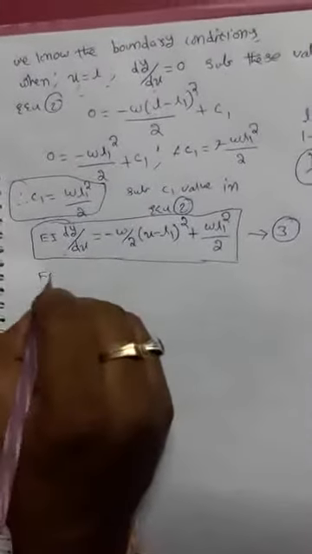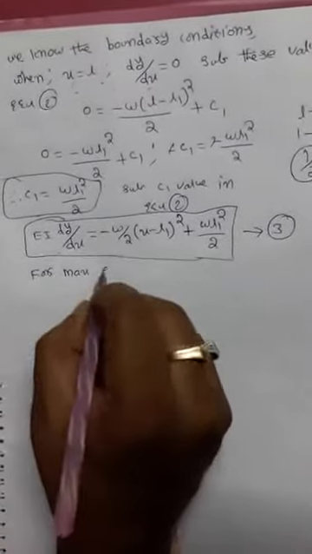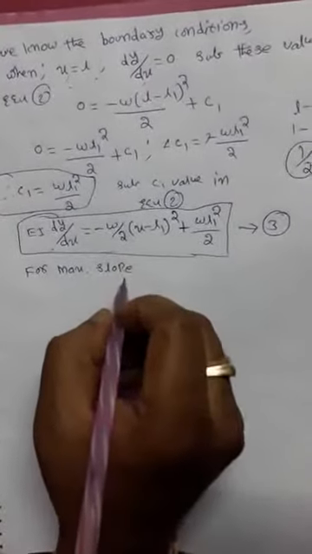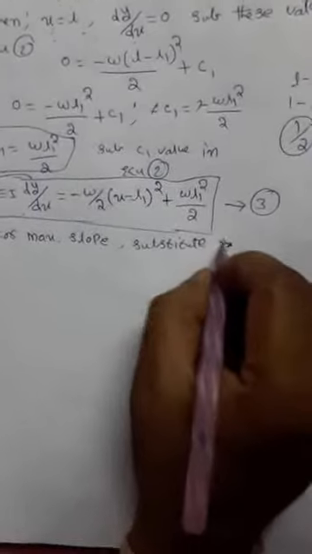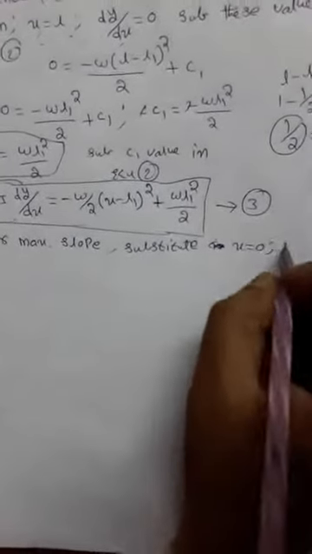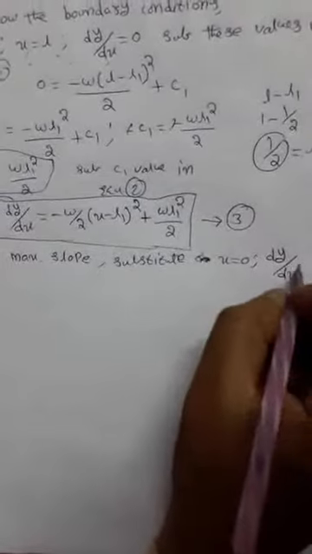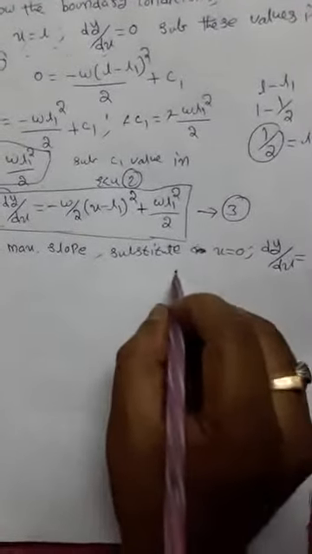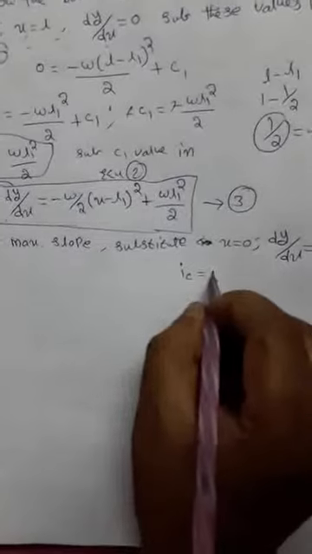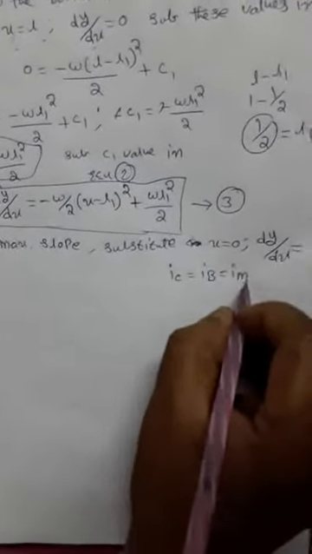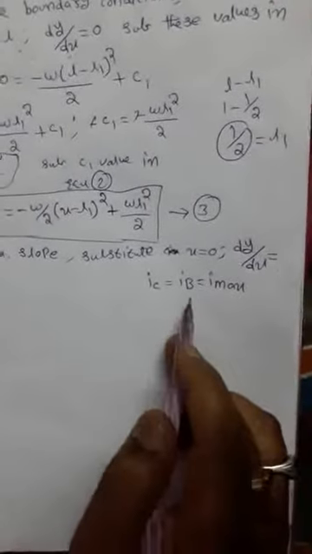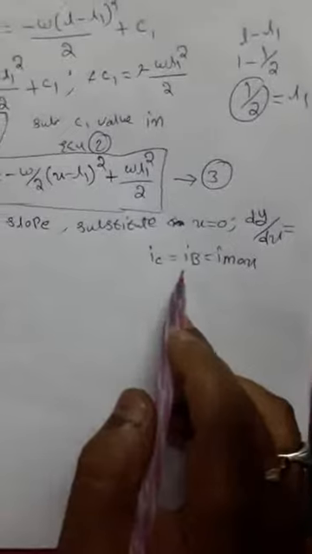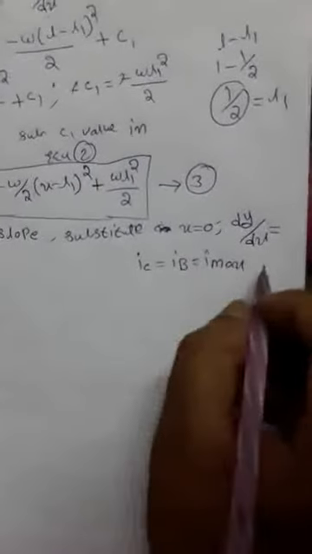So for maximum slope, substitute x equal to 0 in equation number 3. Where the maximum slope occurs, at θC or at θB, you can assume any one from these three.